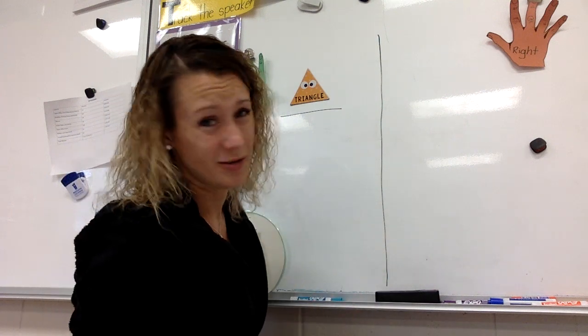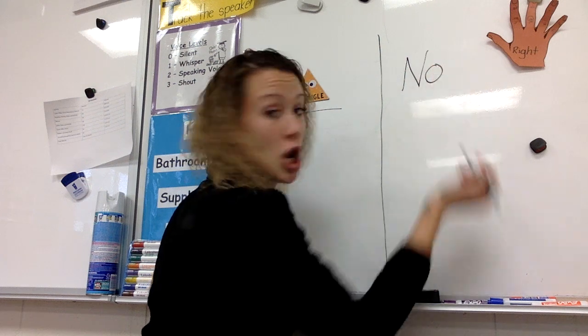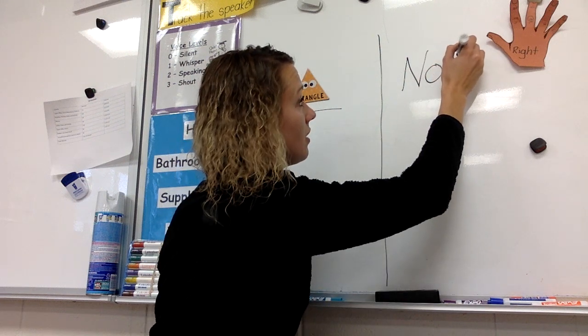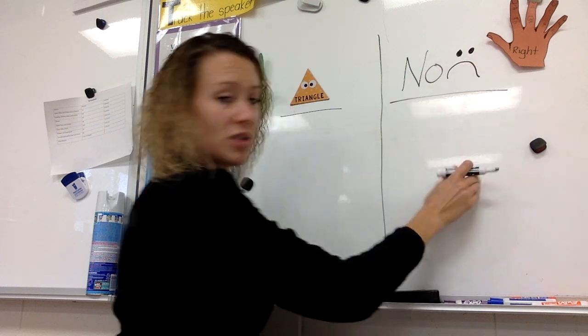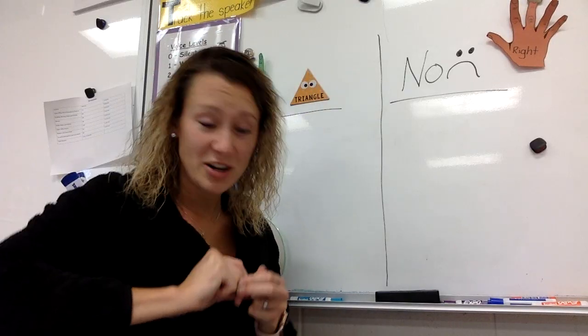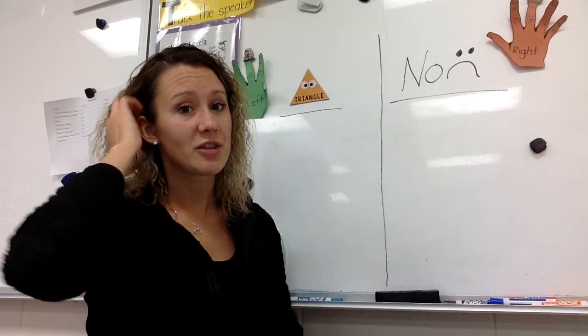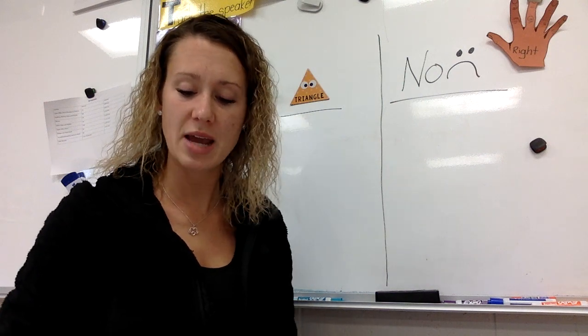If you did not have a triangle, no. I'm going to write the word no. Make a sad face. No, these are not triangles. You put them on this side. So, we're going to play the game, but you're just going to watch me, and you get to tell me for every shape instead of you having your own. So, are you ready? Here is the first shape.